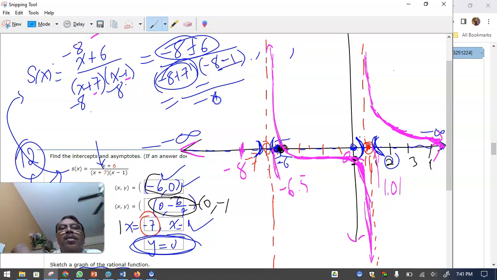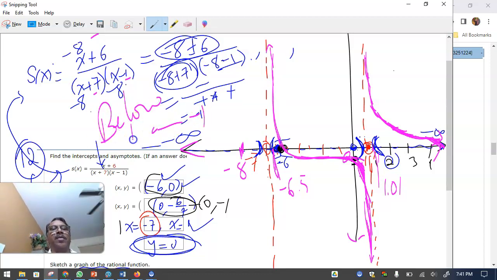This also will be negative. Two negatives makes it positive, so still one negative stays. That means the graph has to be below the x-axis, to the left of -7. So this is how to the left. Because this is -1, it means below the x-axis.